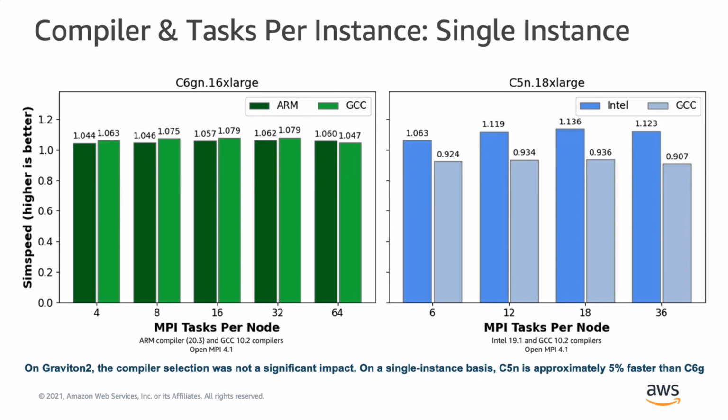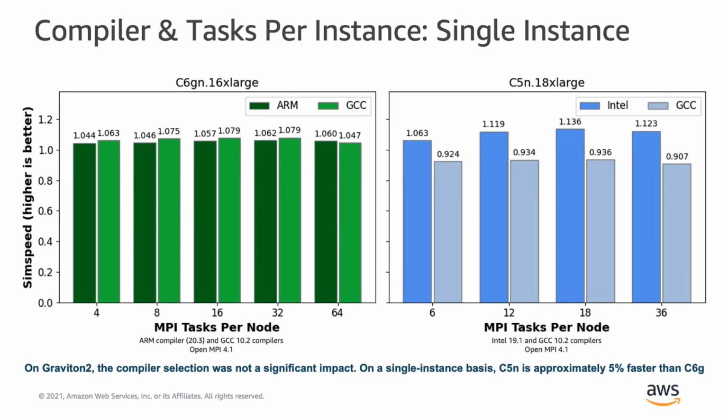If you look at these numbers, they're hanging around one. The C5N 18 extra large gets to 1.13, which means I'm going to chew on solving this problem for an hour, and I will give you the forecast for this problem in a little bit over an hour. Not real useful, and this is a great example of why we need to parallelize across multiple instances.